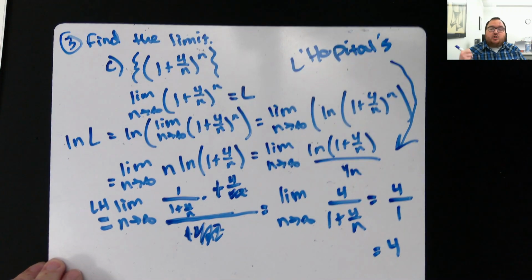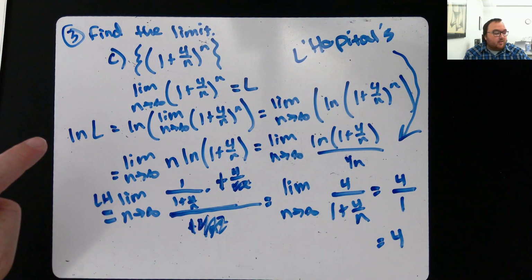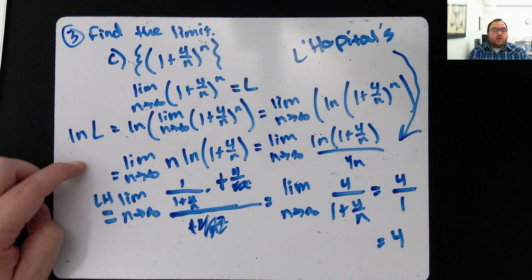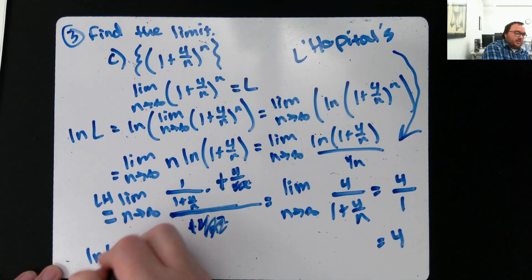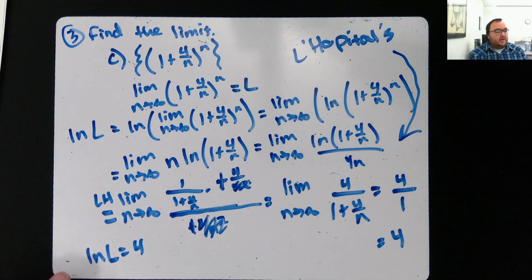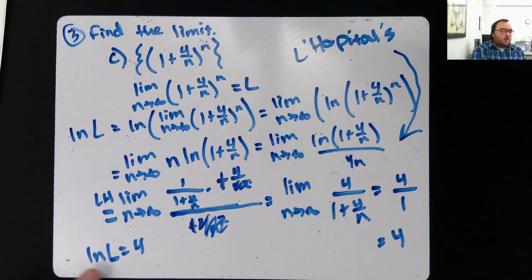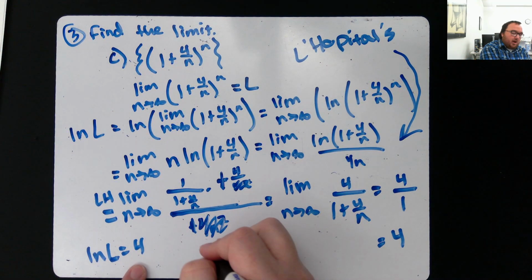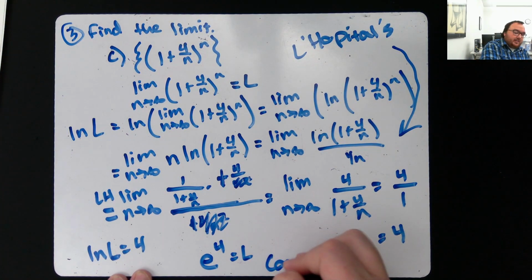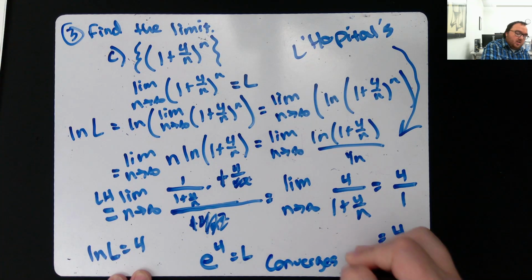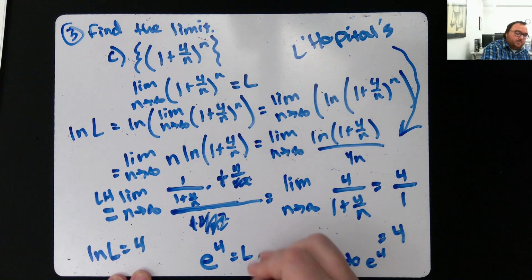But I can't stop just yet, because that is the natural log of L. I want just L. So if the natural log of L is equal to 4, remember the natural log is log base e, so L is e to the power of 4. So this converges to e to the 4th.